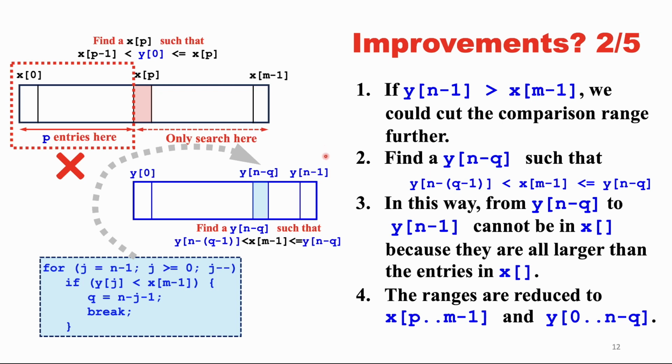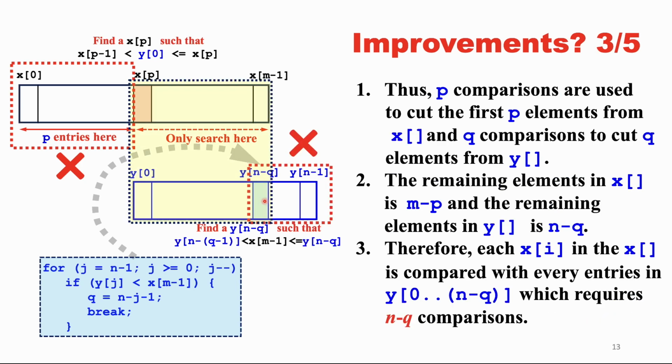So in this way, we know that from yn minus q to yn minus 1 in Y cannot be found in X, because they are all larger than xm minus 1. In this way, we use q comparisons to cut the length of Y down. So the ranges are reduced to p to m minus 1 and 0 to n minus q.